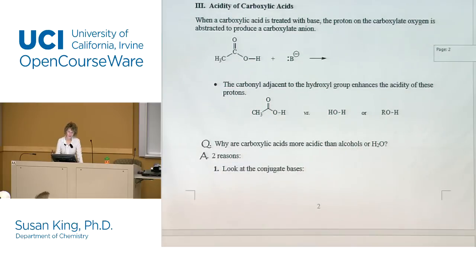All right, so now we're to the portion of the chapter, Acidity of Carboxylic Acids. If you had me for 51A, my notes are almost identical to this, if you go back and take a look at the notes for 51A. So it really is a 100% review. Of course, when we treat a carboxylic acid with a base, we're going to deprotonate the acidic hydrogen that's bonded to oxygen.